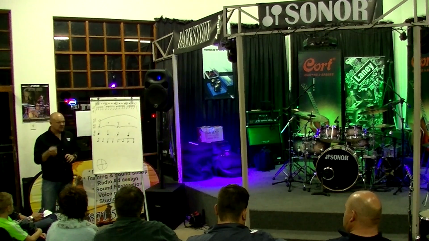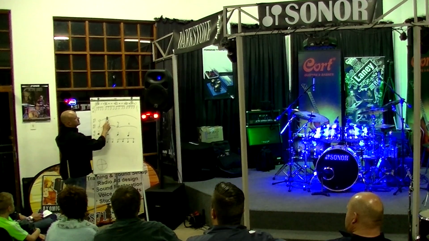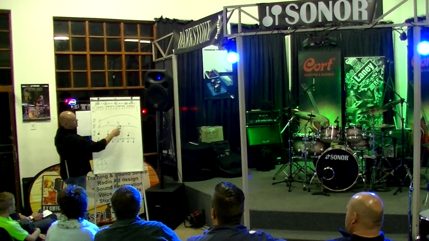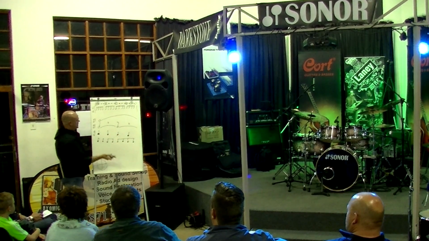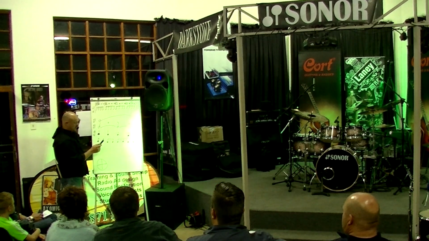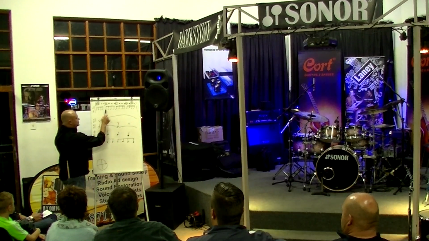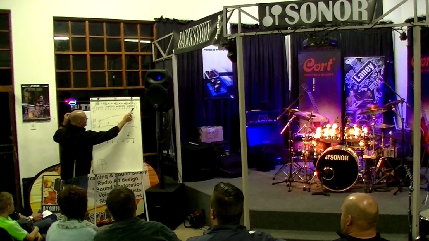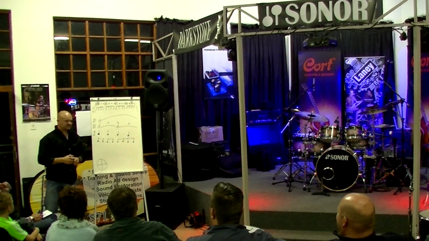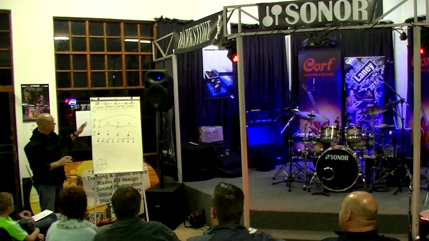So if the time is 1, 2, 3, 4, 1, 2, 3, 4, 1 and 2 and 3 and 4 and, 1 e and a, 2 e and a, 3 e and a, 4, and so forth. Does it make sense? It's just a very quick introduction to rhythmic theory.